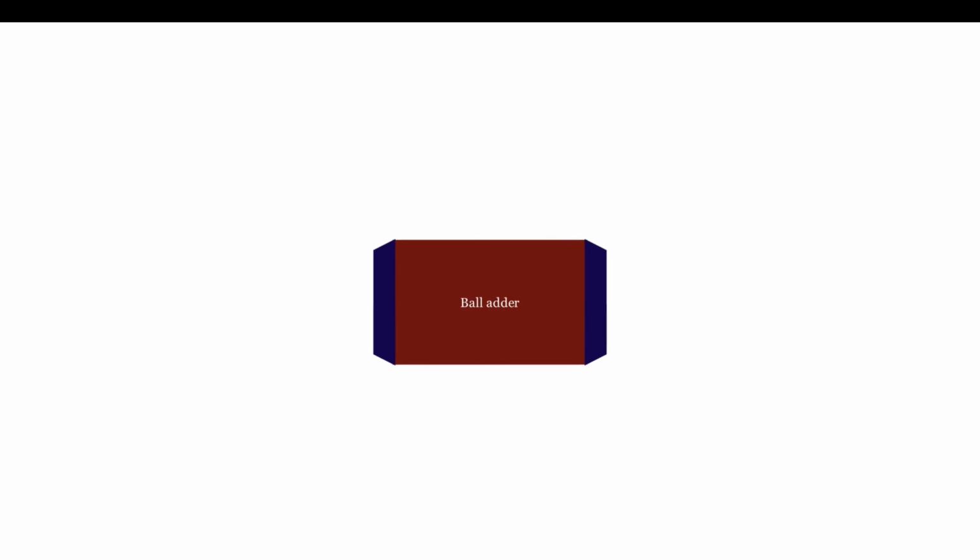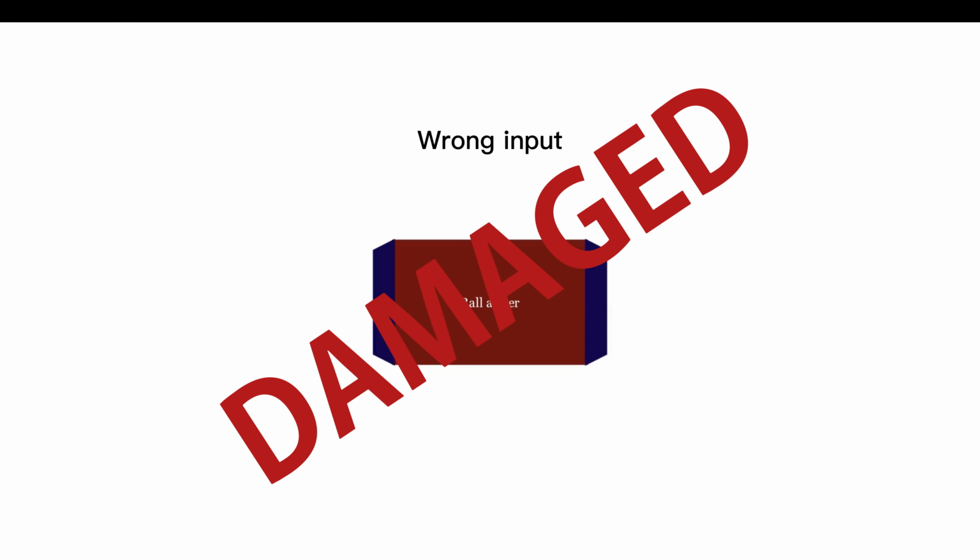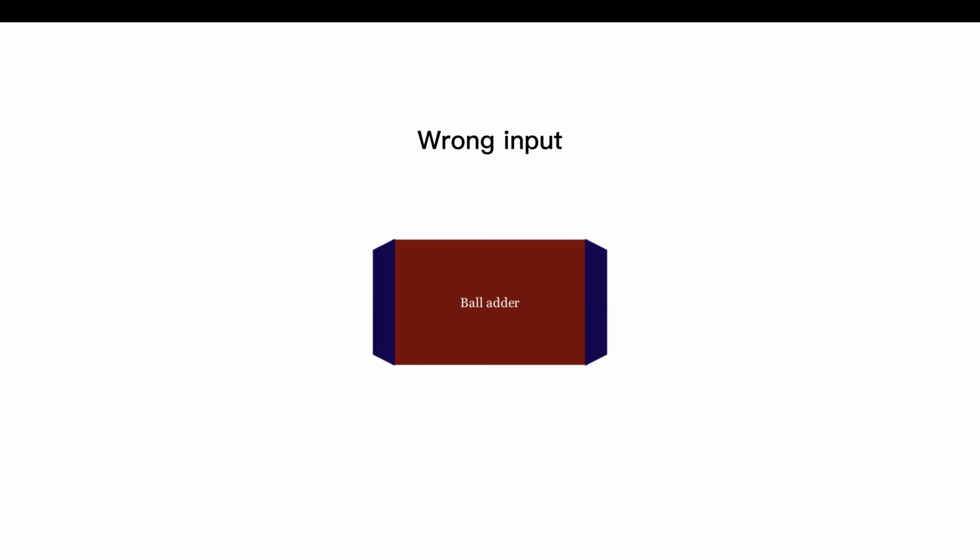Now, talking about machines, if we input the wrong thing into a machine, it will damage the machine. The question is, how do you know the inputs that will damage the machine? Well, like I said in the beginning of this video, for a ball adder in particular, we only input balls into the machine. Anything else breaks the machine.